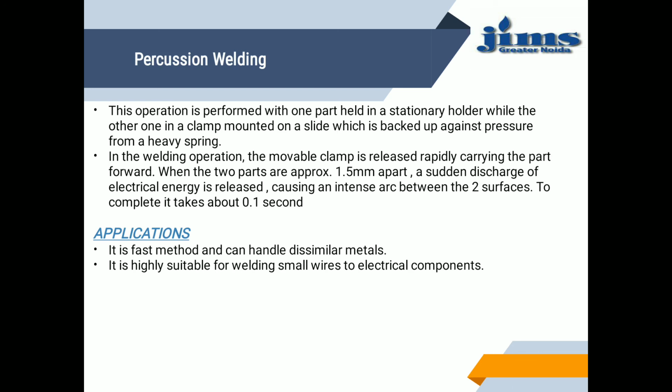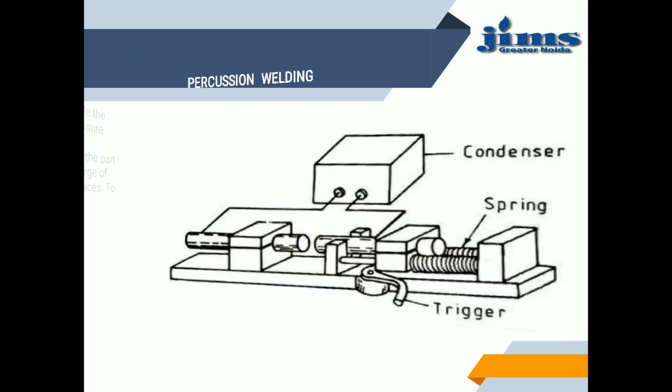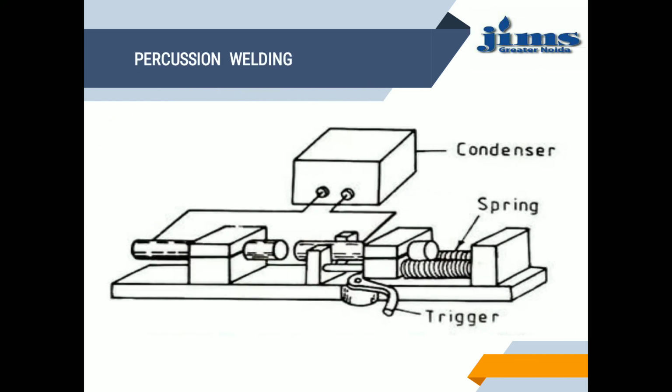If we talk about its application, it is used for welding satellite tips to tools. It can be used for joining similar and dissimilar metals. Let us show you the diagram of percussion welding. There is no flash. Advantages: it is a very quick process, and heat-treated and cold-worked metal can be welded without annealing.